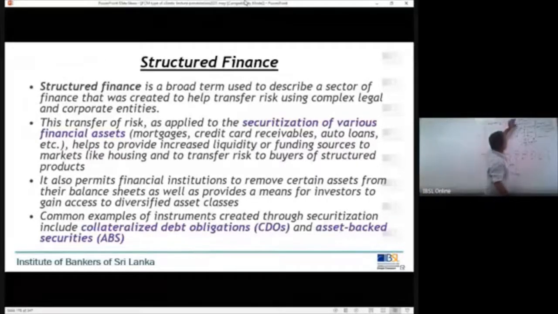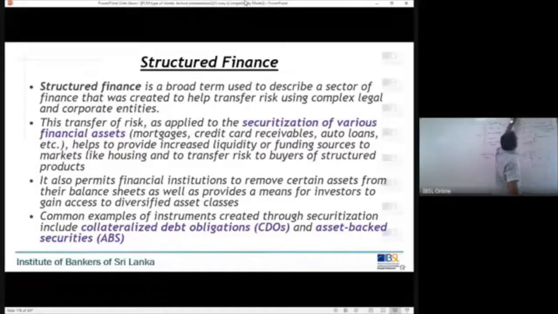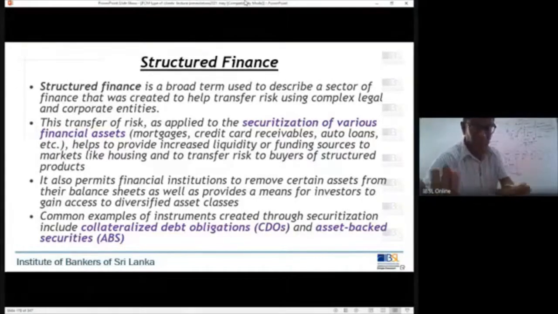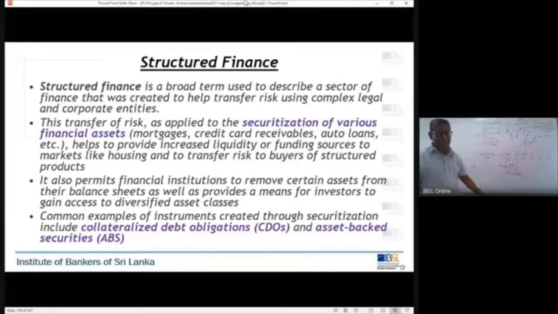So if these customers go bankrupt, the problem is the entire system gets blocked. That is one of the reasons why the financial market collapsed, because of the introduction of structured products like this. One of the reasons for the financial failure in 2008. Right. Have you understood? I know it's very complicated.